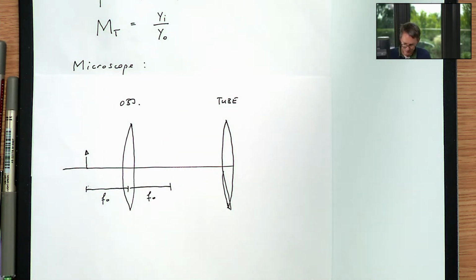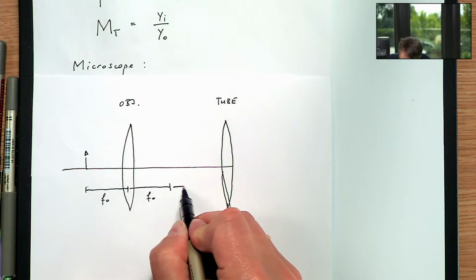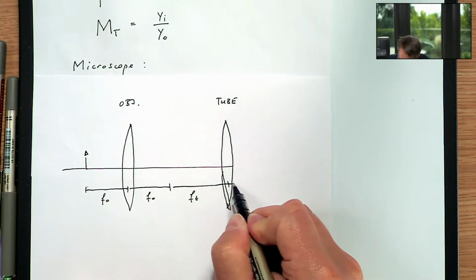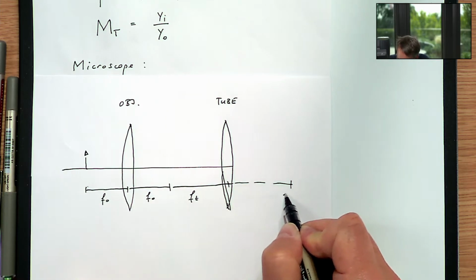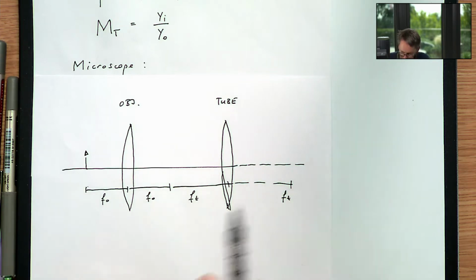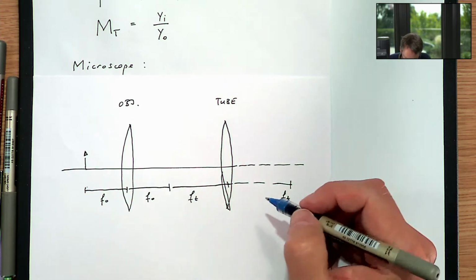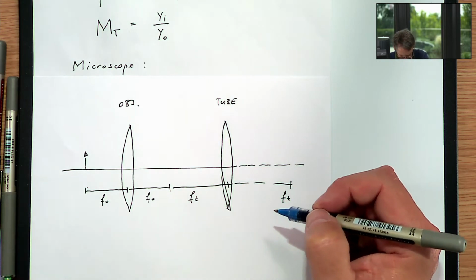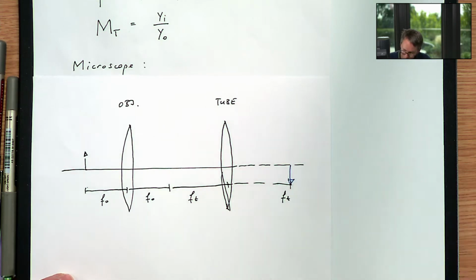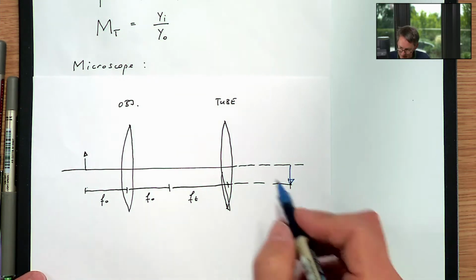And now this is the front focal plane, ft of the tube lens, and then you have the back focal plane, ft of the tube lens. And so this is where your image would be formed. You would get your image somewhere down here, exactly in this place.